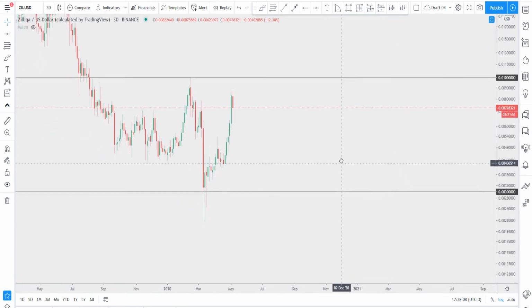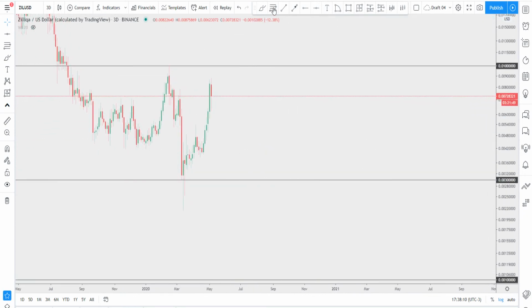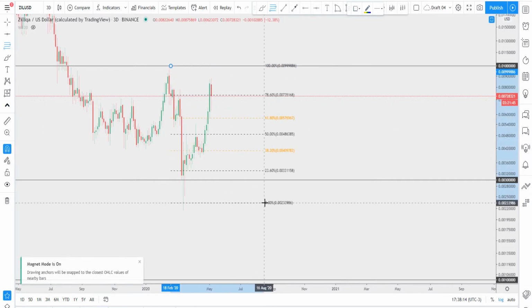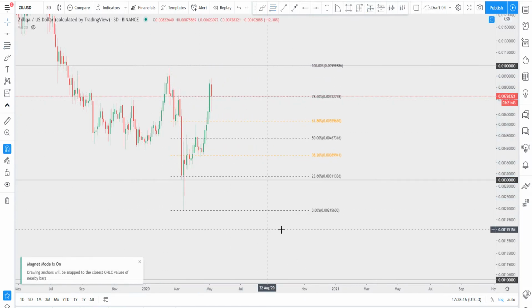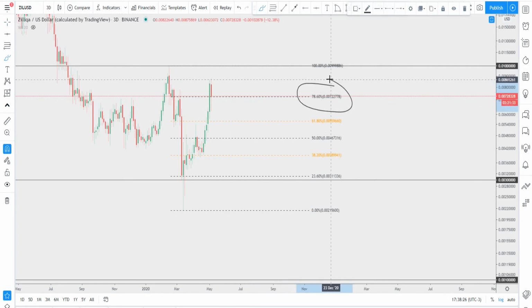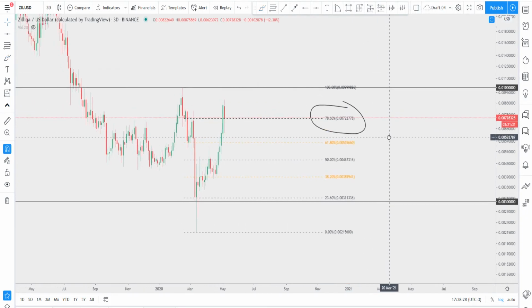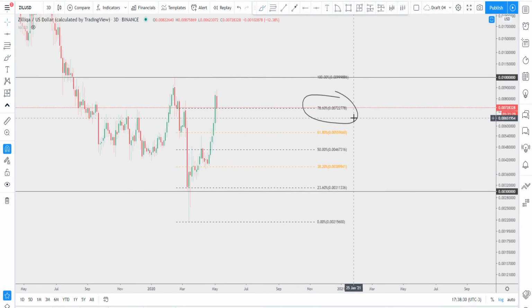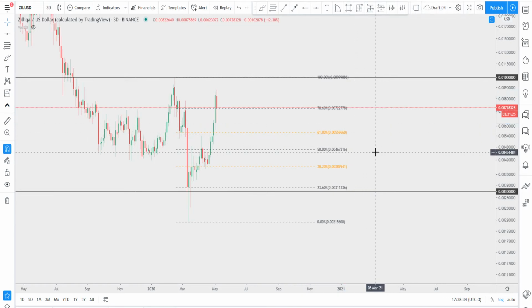So here, take a better look. Let's use Fibonacci again. Okay, so we have another red flag, a bearish candle resting on top of previous support and our previous resistance as well. And so the problem here is this.